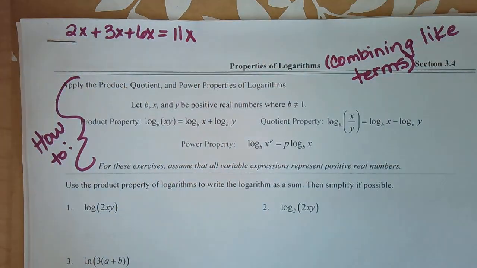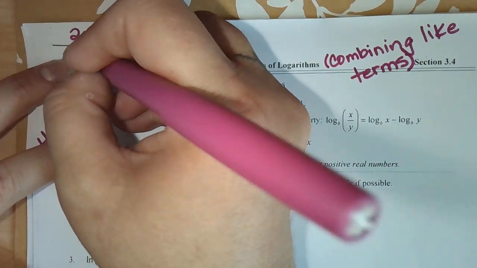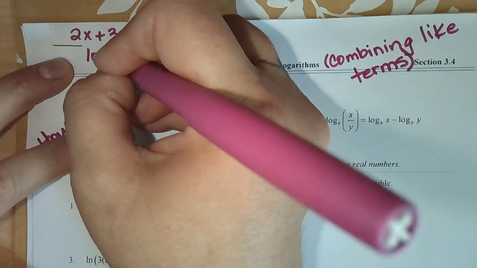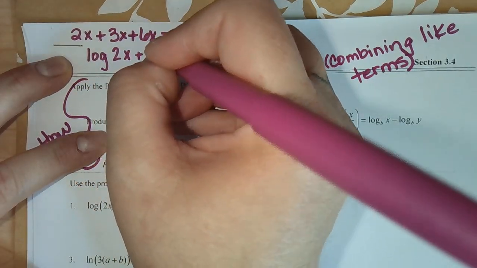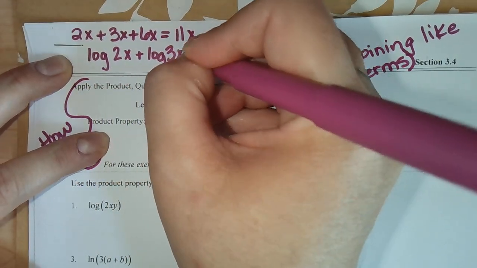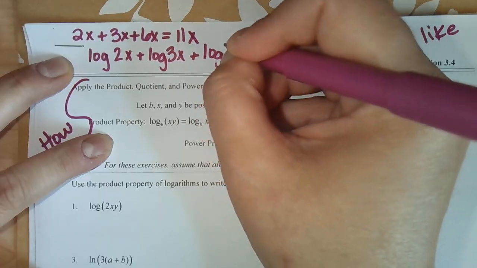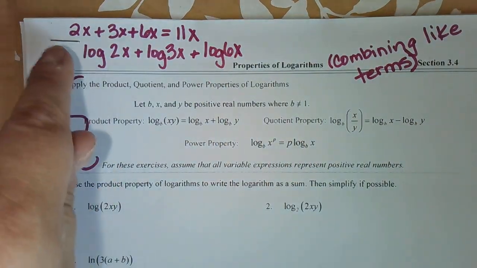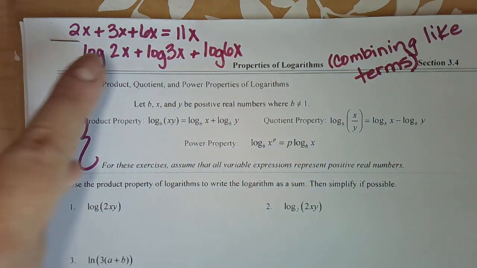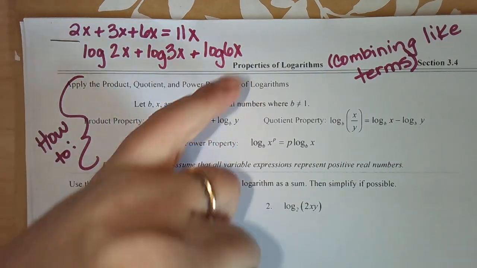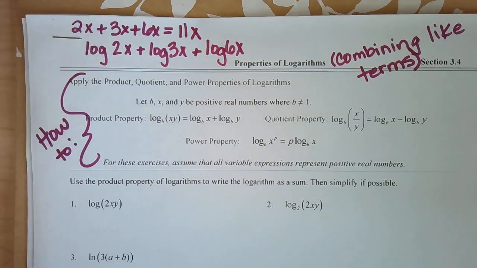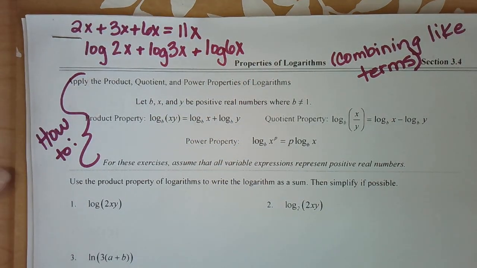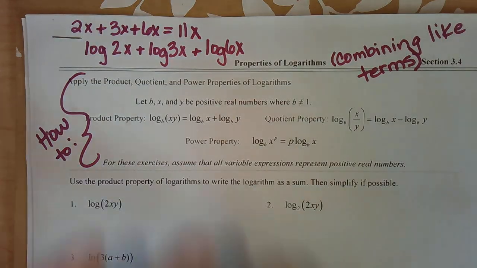But then when we have logs, say log 2x plus log 3x plus log 6x, this is not going to add up to some kind of 11x because there are totally different rules for how to combine like terms.